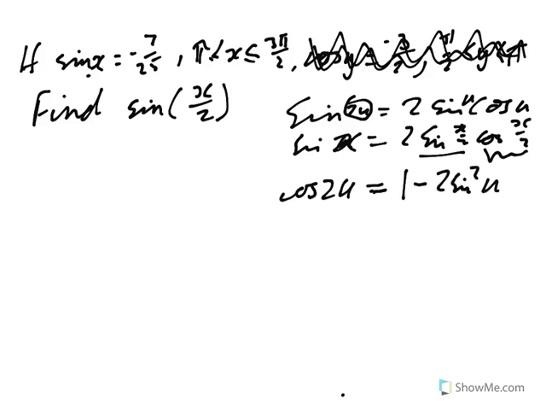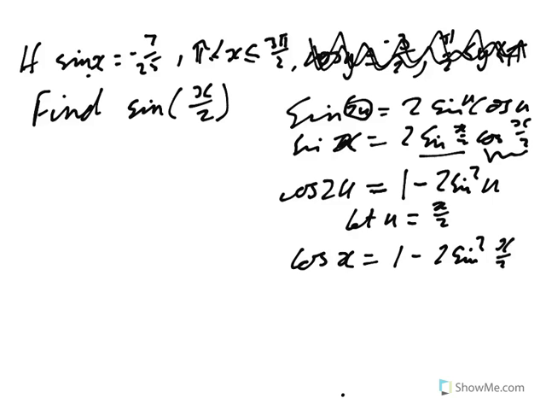And so if we let u equal x over 2, then we have cos x equals 1 minus 2 sine squared x over 2. And so that's got something in it that we can use. Cos x, we don't have that, but we do have sine x, and we do have the quadrant that it's in.